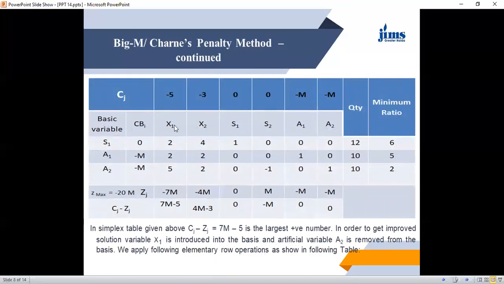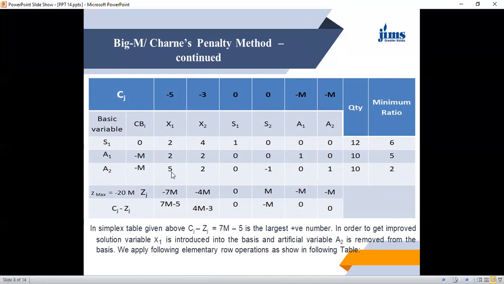So this was the incoming variable. And key row is the outgoing variable. So A2 will go. This is the key row. The intersection of key column and key row, which is 5 here, is known as the key element.